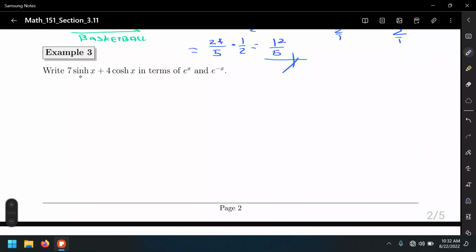Again, we need to recall what the definitions for sinh and cosh are. Recall that they both look the same, except that the sinh function has the minus sign in between, and the cosh function has the plus sign in between. So let's write 7 sinh x plus 4 cosh x equals 7 e to the x, e to the negative x. I'm going to write only the exponentials.